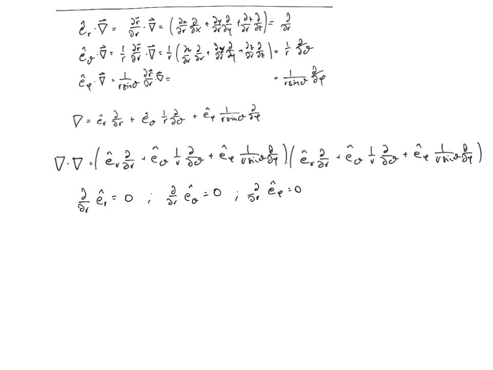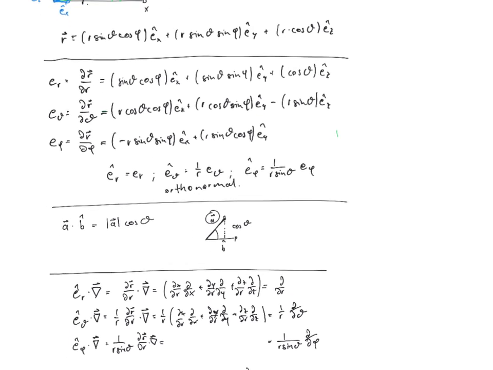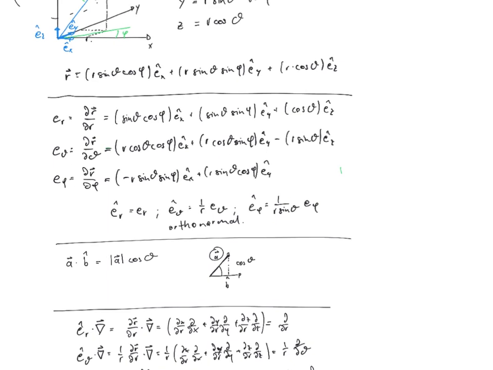We can build d/dtheta of e_r hat, and that gives us e_theta hat. So how does this go? If we take e_r and take the derivative with respect to theta, we get cosine theta and a minus sine theta.